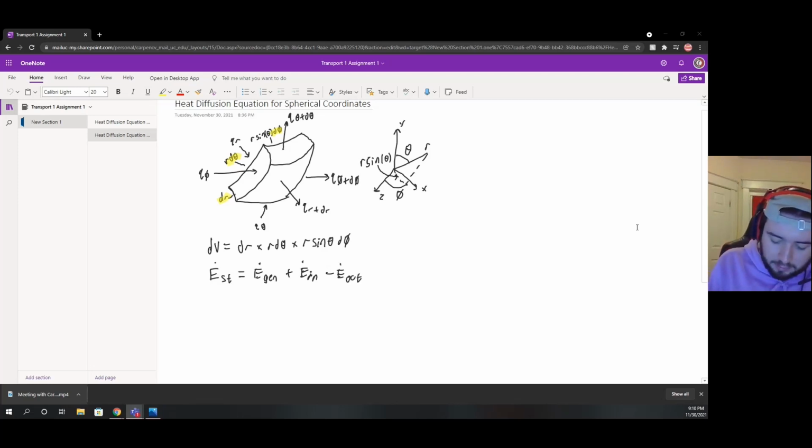And each of these terms can be broken down. The energy stored equals the density times the heat capacity times the volume, which is our dr d theta d phi times r squared sine theta.